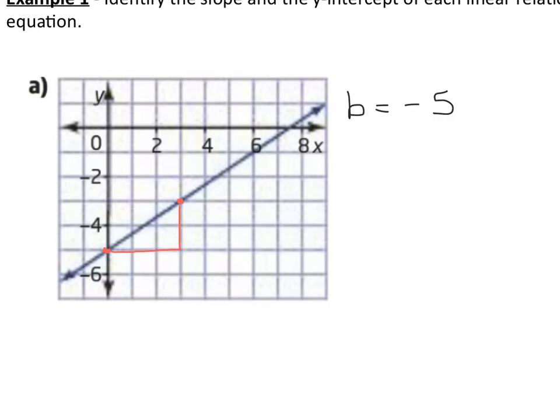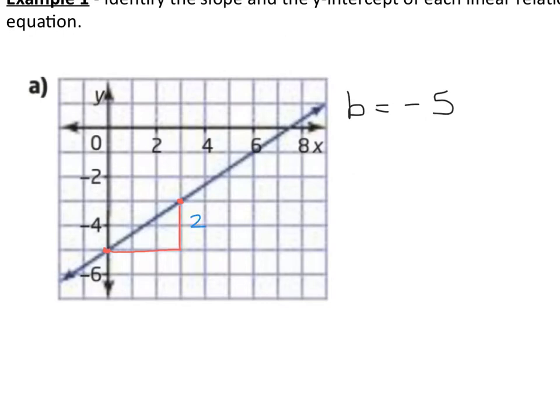So my scale is nice and simple. It is counting upwards or downwards by ones, so I don't need to worry too much about that. I'm going to start at this bottom corner here, and I'm going to count the units for my rise. So this would be 1, 2. So my rise is 2.